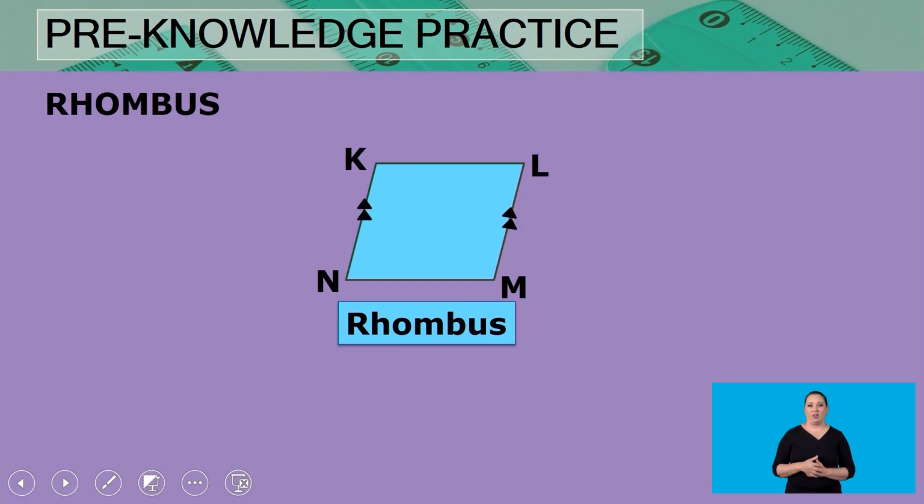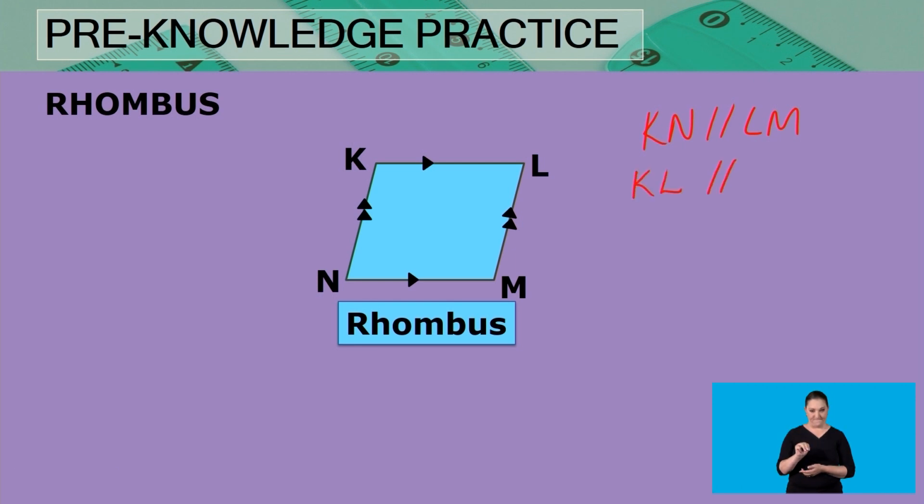Firstly, because it is also a parallelogram, we can see that KN is parallel to LM, and KL is also parallel to NM. Again, we have those opposite sides that are parallel to each other.